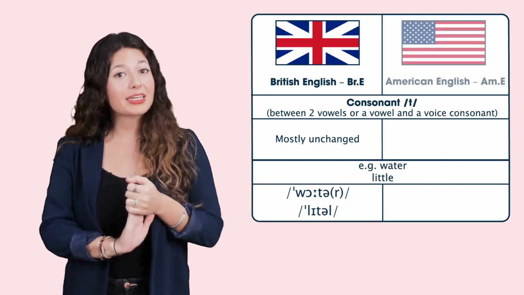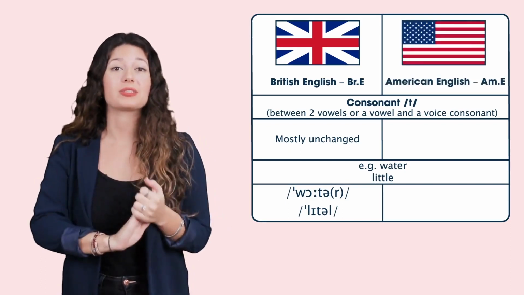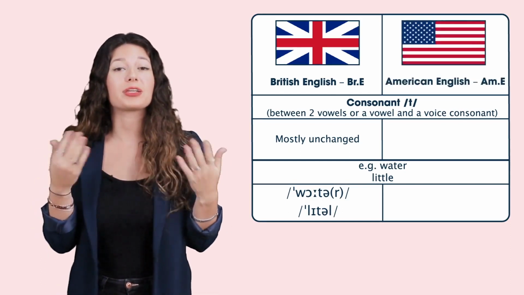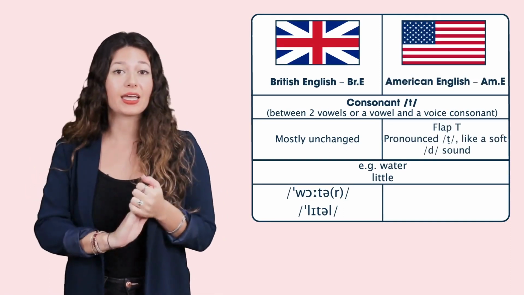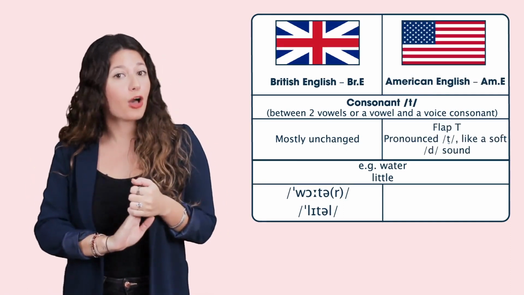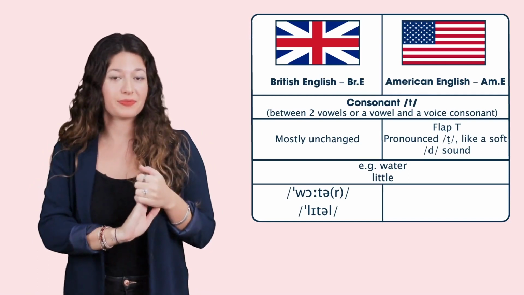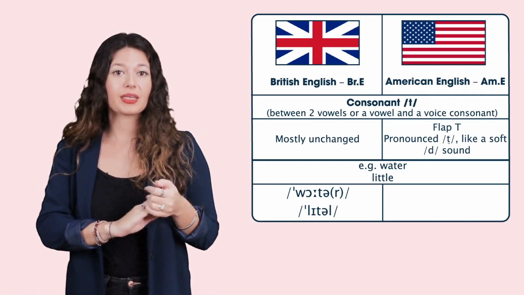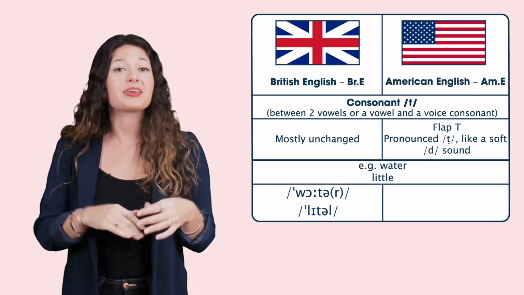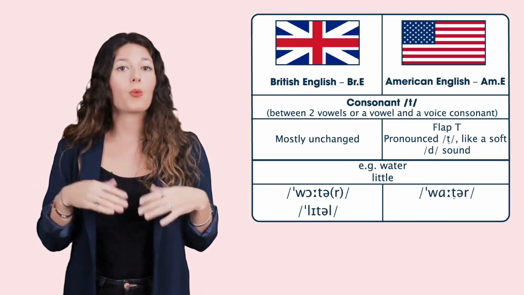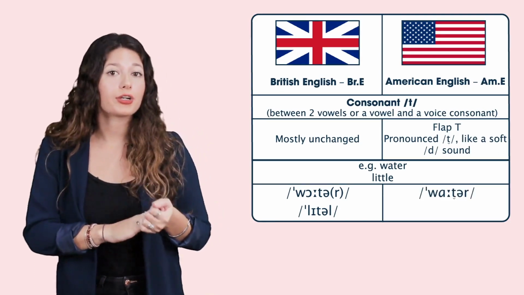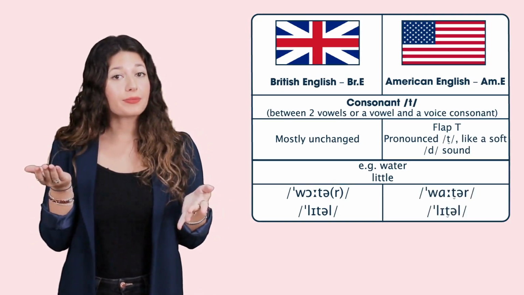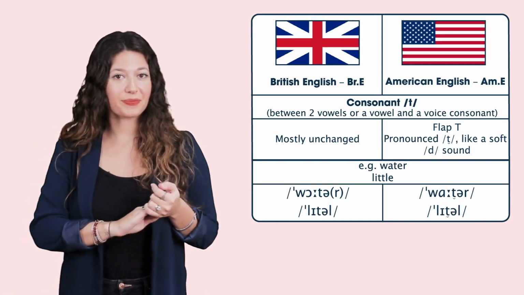But in American English, the T sound in these positions is pronounced as a flap T, like a soft D sound. Listen to these words again in the American accent. Water, little.